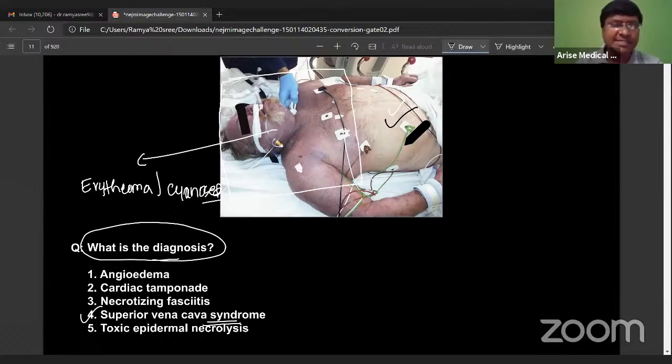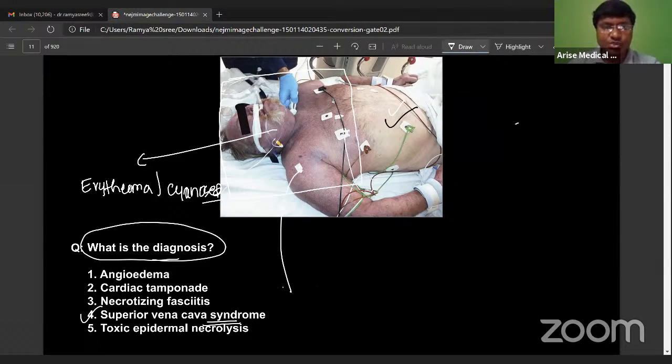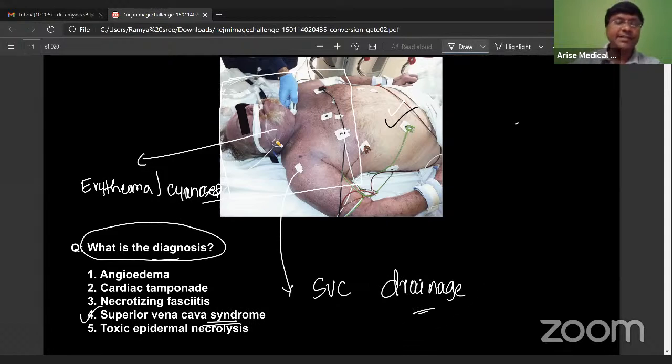And you have that particular cyanosis or erythema mainly within the SVC drainage, that is superior vena cava drainage. So in case of the SVC drainage, if the venous blood is not being drained, then the upper half of the body will be cyanosed. What is the area drained by the superior vena cava?